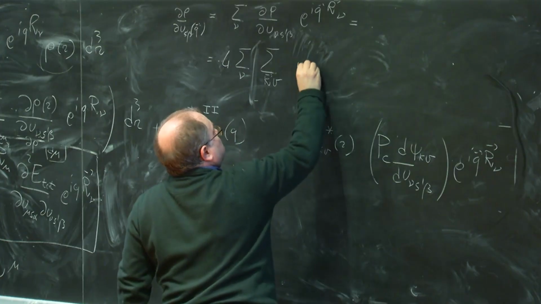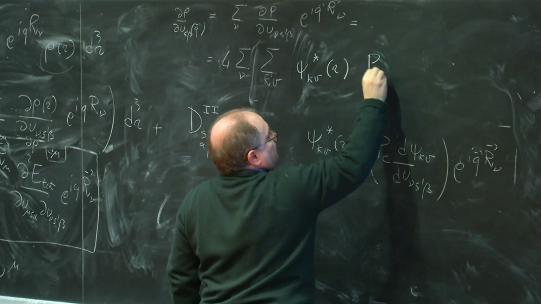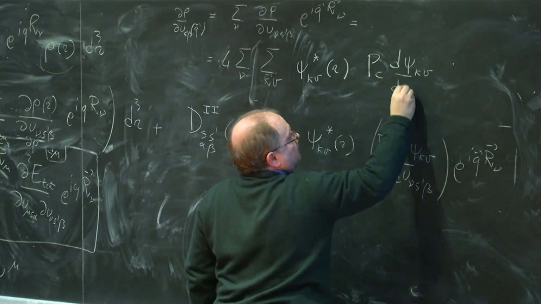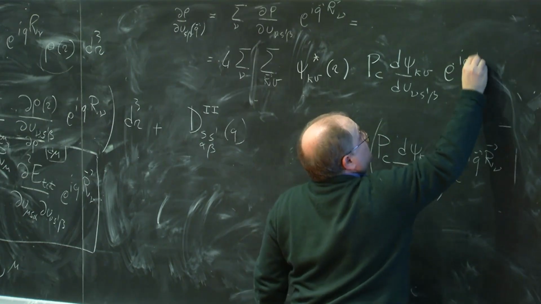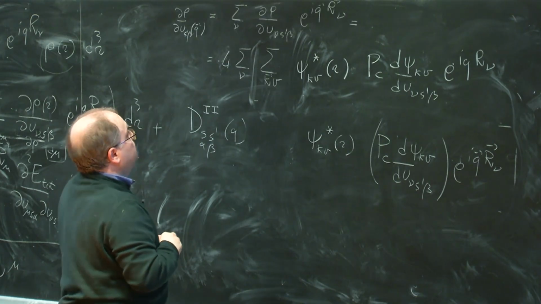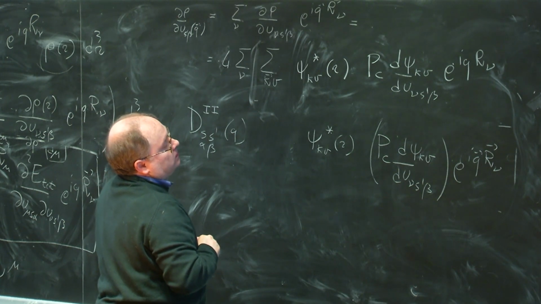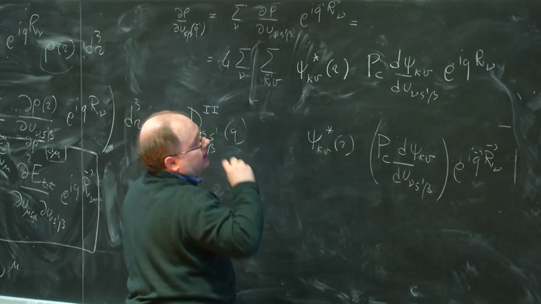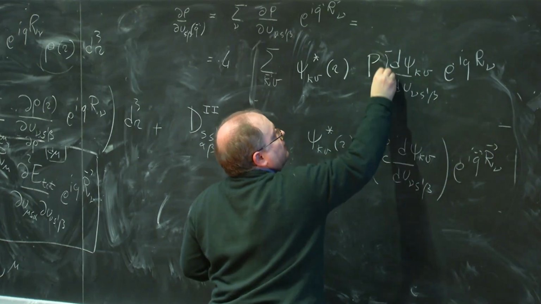So this is my expression of the charge density. And now the point is that I can put the sum over nu basically here.